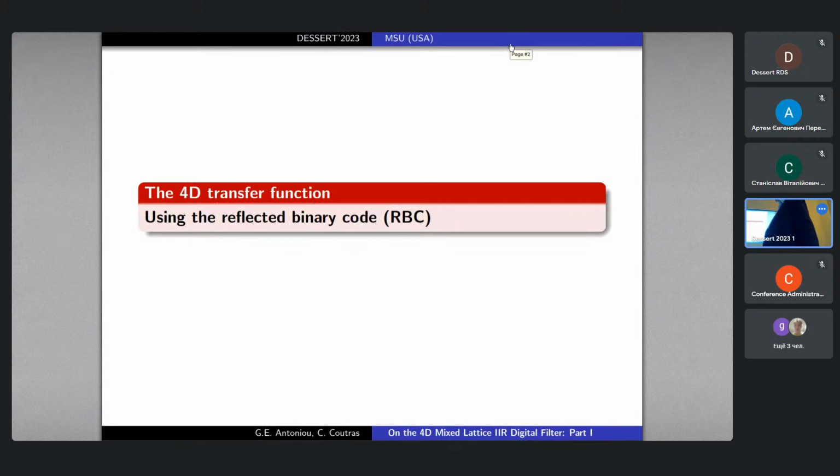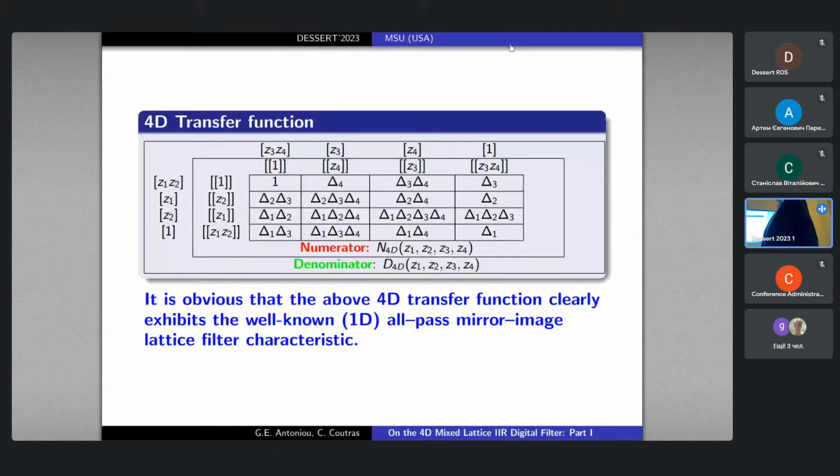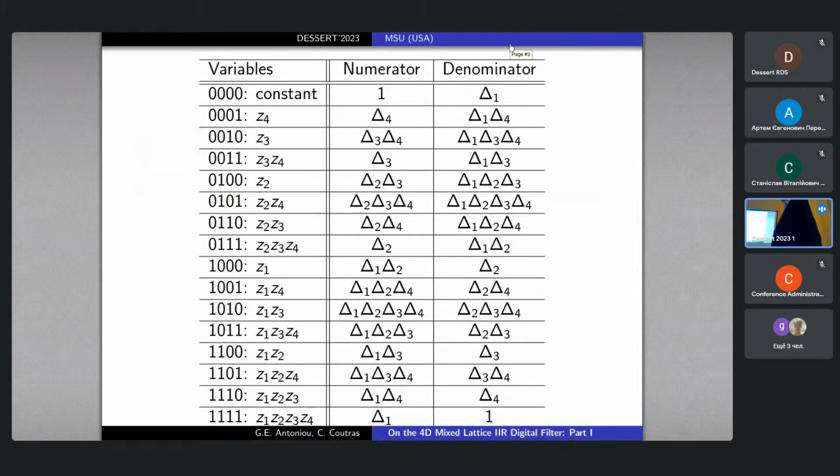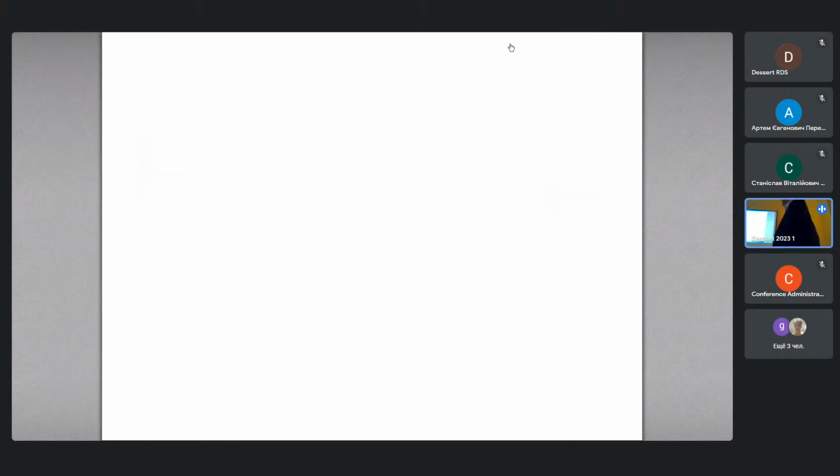And also, we can see this is a transfer function, the reflective structure. You can see this is the gray code, C3 and C4. They have the same coefficient. And for the audience, I made another way using binary numbers. You can see the numerator, the denominator.